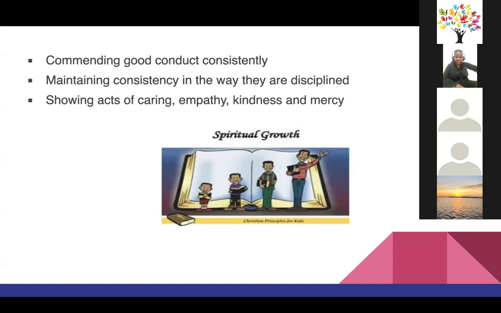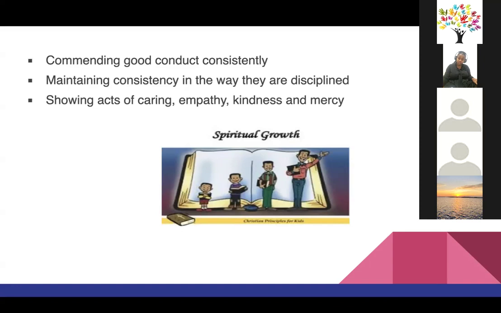All right. So number one, we commend good conduct consistently. We give attention to the good. Then we are disciplined and we are consistent. What does this mean? It means that when you make a rule, you do not negotiate on the rule, you do not change the rule. Right? A child must be confident to know that when the facilitator or when the teacher says this, they mean this.